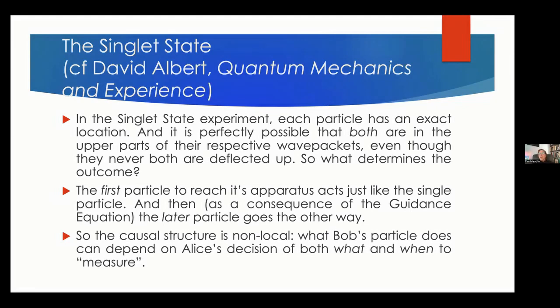So you just can't predict what she's gonna see without taking into account what he does, even though he is arbitrarily far away, so far away that what he does cannot be communicated to Alice at signals that go the speed of light. All right, so the main thing is which of these two experiments happens first.